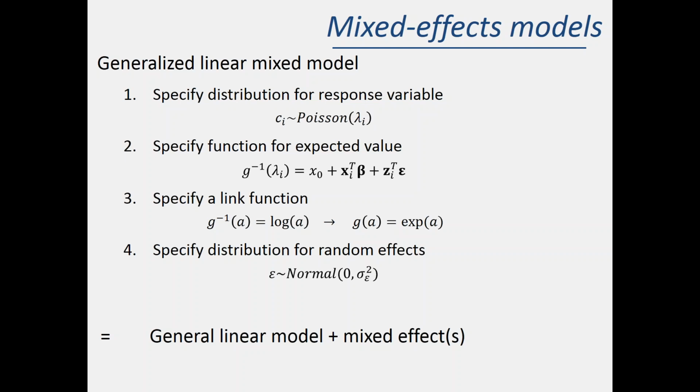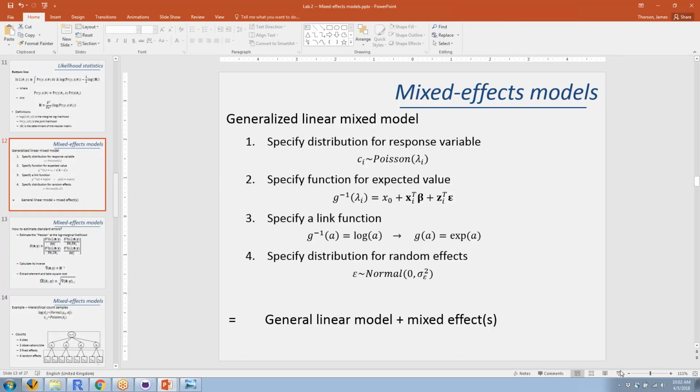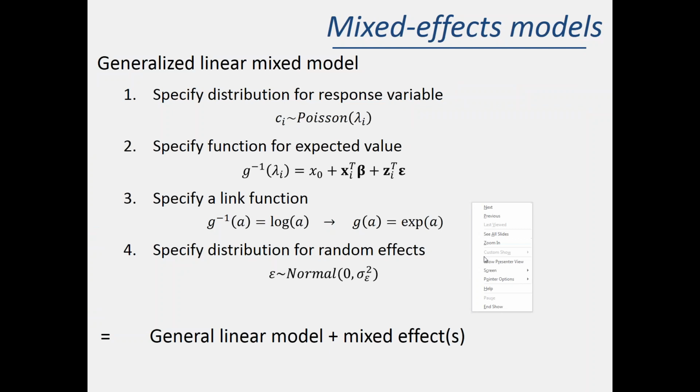And a generalized linear mixed model includes some predictors that are fixed effects. A lot of mathematicians use the terms X and beta. Beta is the fixed effect and X is the covariate associated with fixed effects. Whereas epsilon might be a random effect and Z is the design matrix for your random effects.